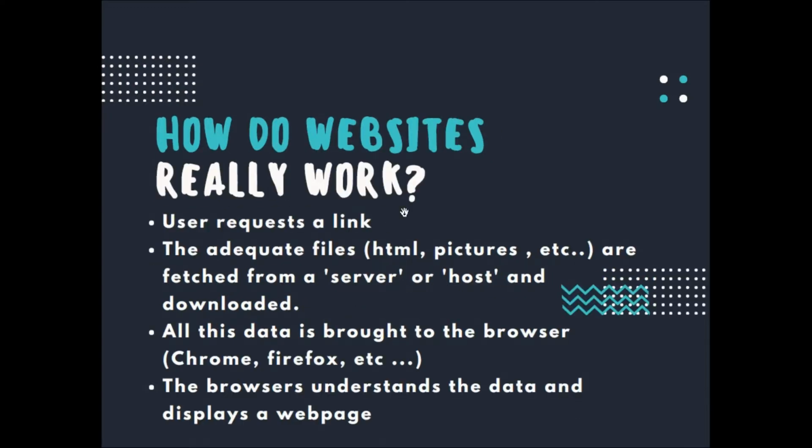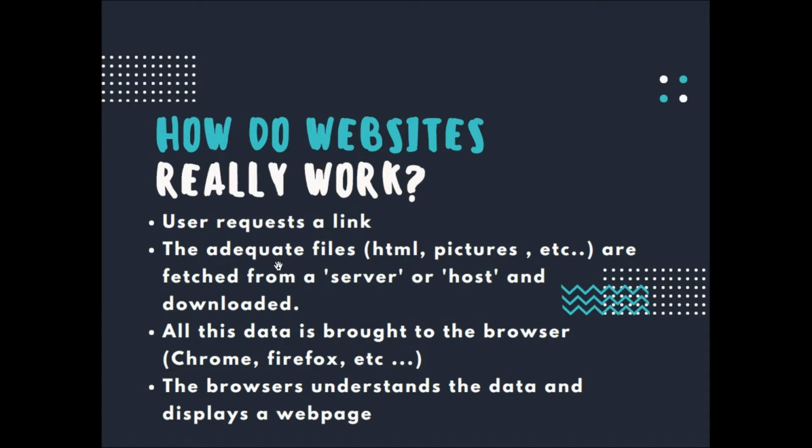How do websites really work? So we can see here that it first starts with a user requesting a link. So I am on my web browser, let's say Google Chrome or Firefox or anything, and I type facebook.com. I am actually requesting a link. So facebook.com will be taken.